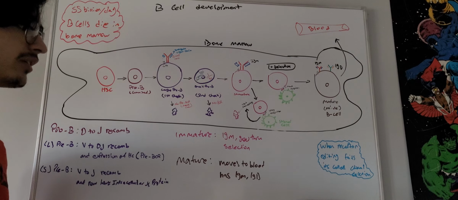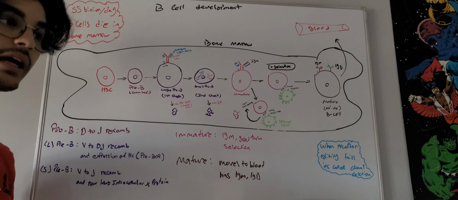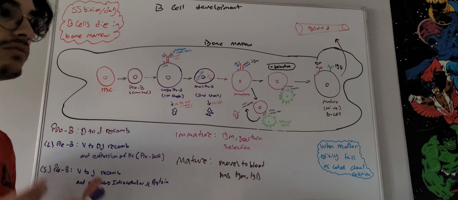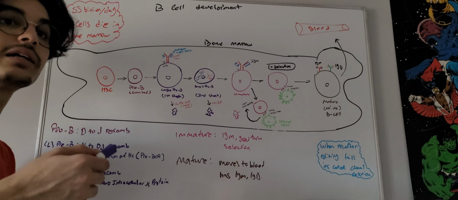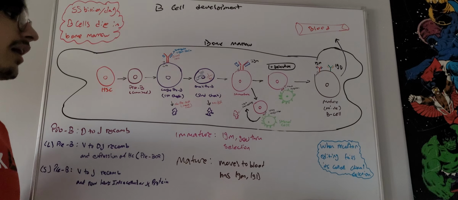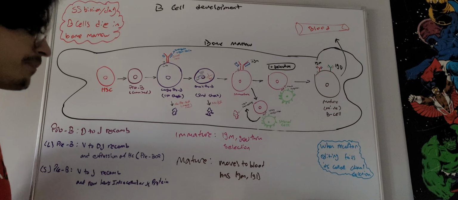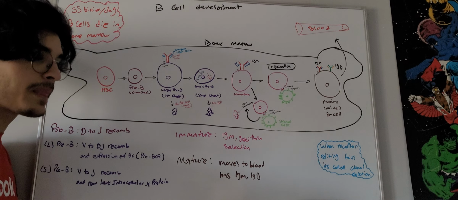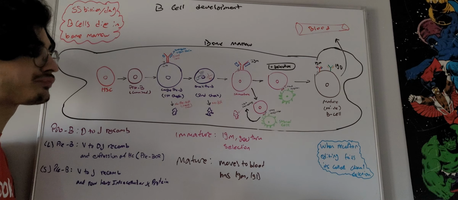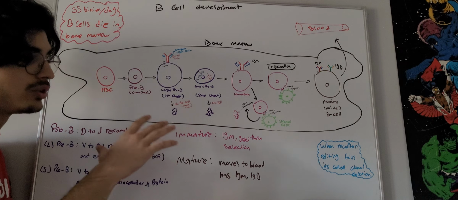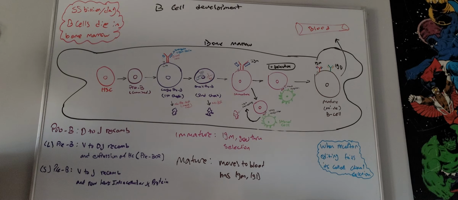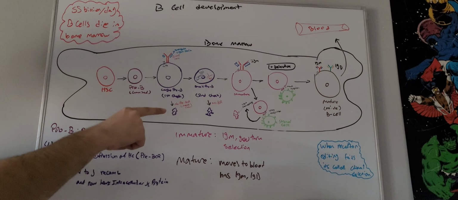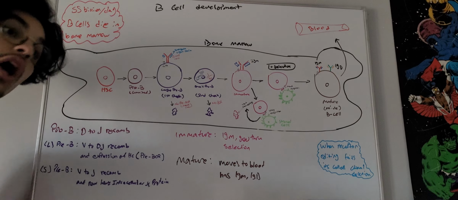If that fails, and I still haven't been able to make a receptor that is not strongly recognizing this, then I can go ahead to the other locus and use the lambda. And again, remember, allelic exclusion does play a factor here as well. If you make a successful one, you can't reopen the other one. However, we have not made a successful one here, so we can keep reopening the other allele as well and try it out.